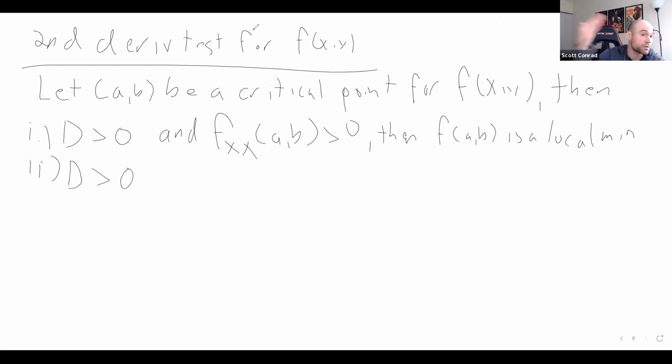Similarly, if the discriminant is positive and we check fxx and see that it is negative instead, then we have a local max.